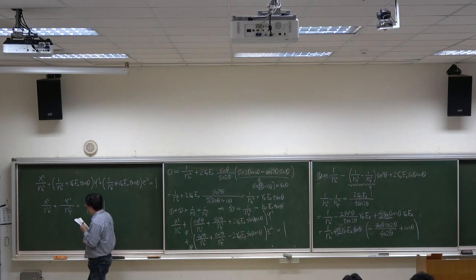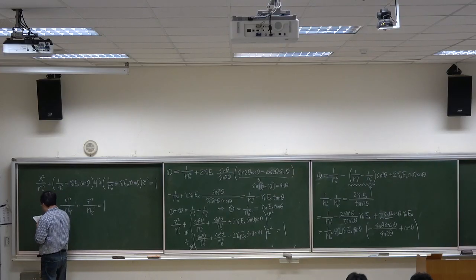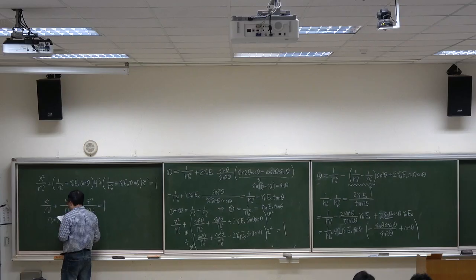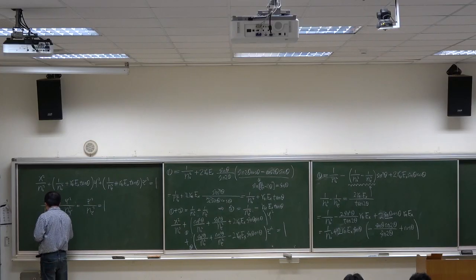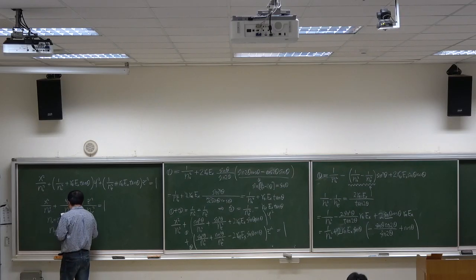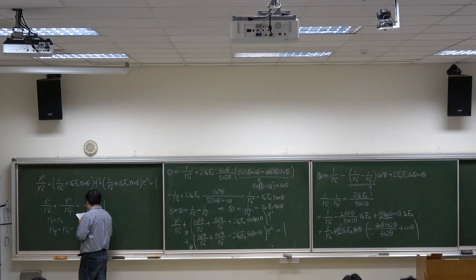So nx prime is just no, x is equal to x prime. And ny prime is equal to no minus 1/2 no cubed times R41 Ex tangent cubed.